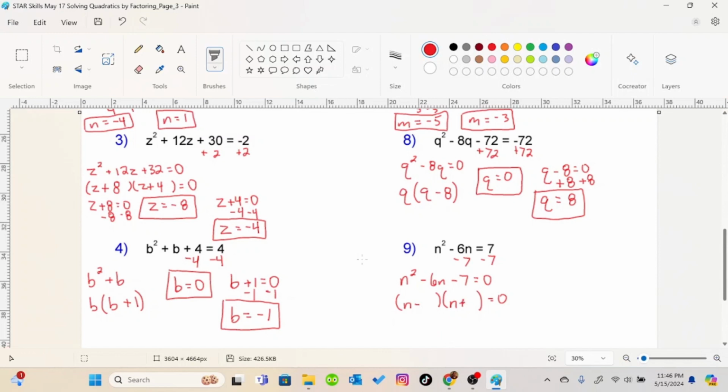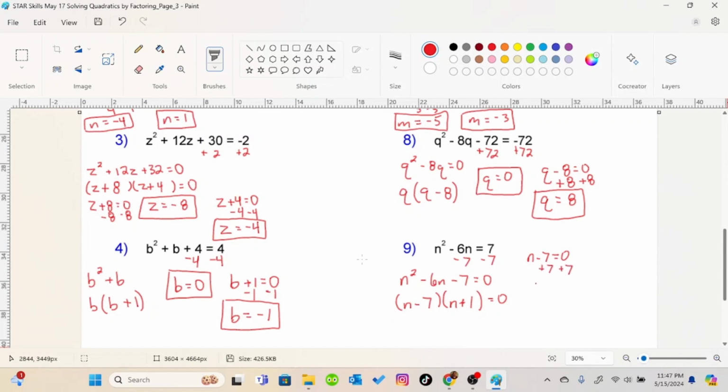Now we need numbers that multiply to negative 7 but add to negative 6. And this would be negative 7 and positive 1. Negative 7 times 1 is negative 7. Negative 7 plus 1 is negative 6. Now we're going to take n minus 7 and set it equal to 0.